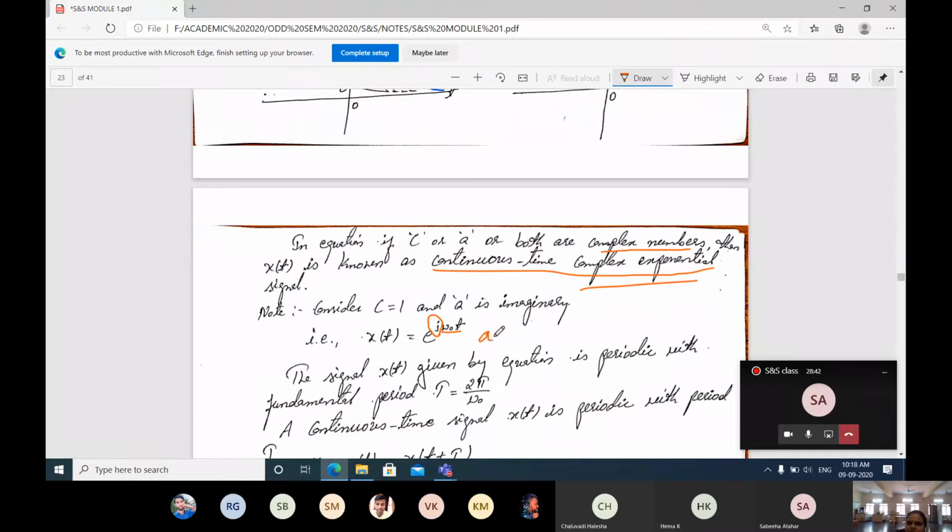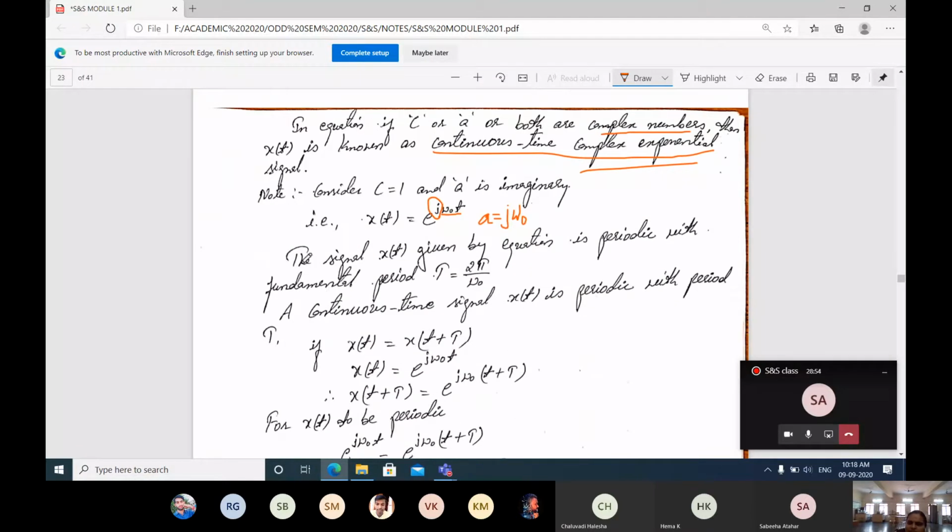A is taken as j omega naught. Next, the signal x of t given by the equation is a periodic signal with the fundamental period T. We already went through the equation: T is equals to 2 pi by omega naught.